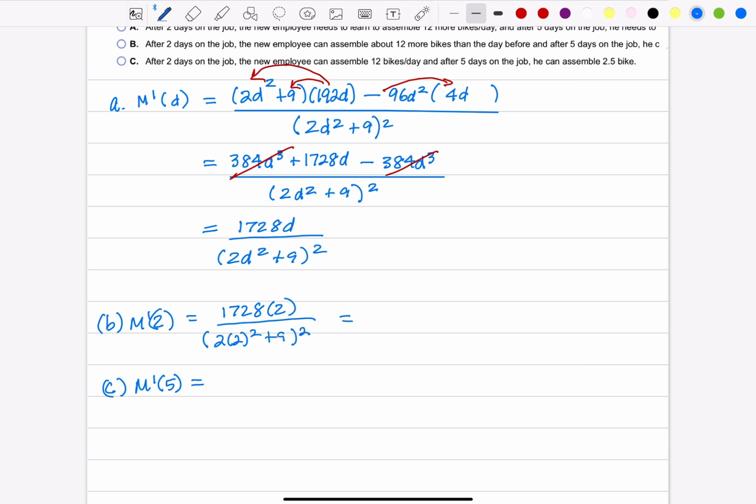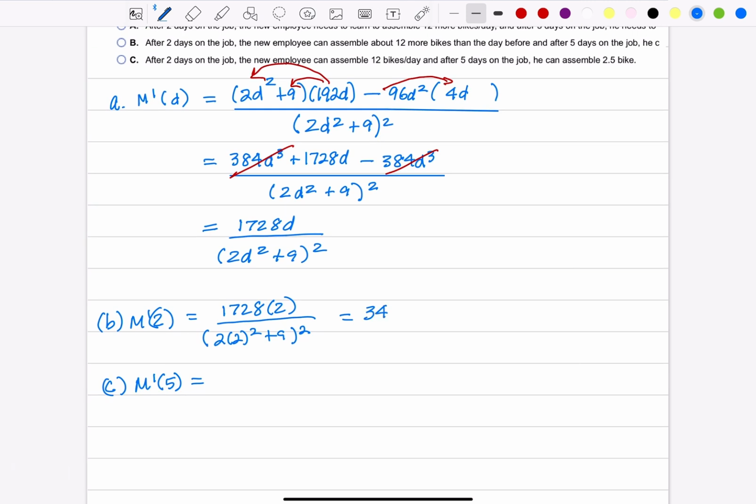You've got to have those outer parentheses before that square. That's 3456 over 17 squared. 2 times 2 to the second is 8 plus 9 is 17. And when you divide that out, it's about 12.